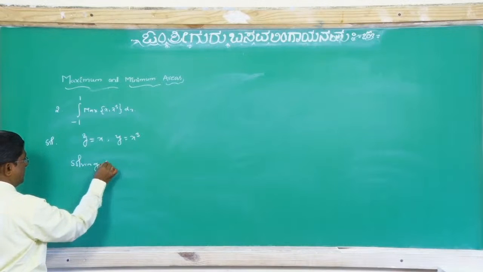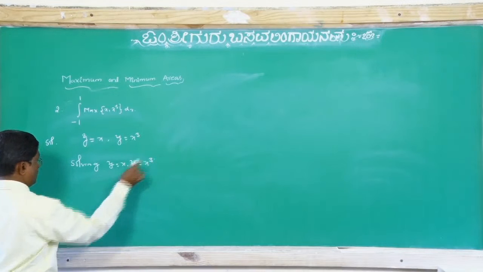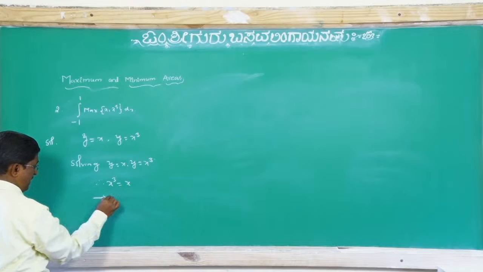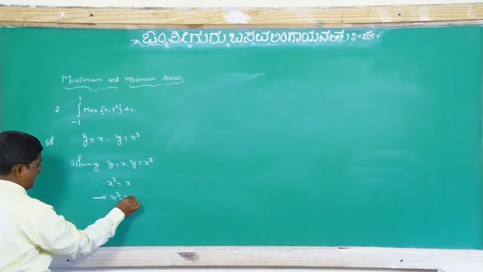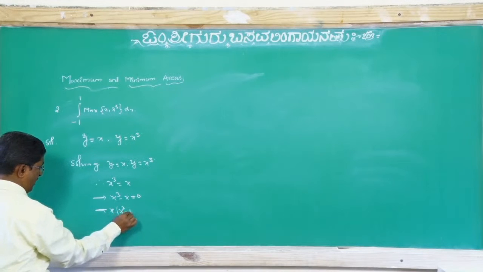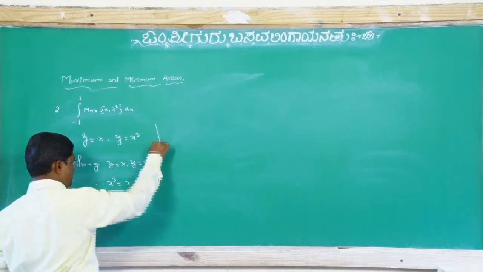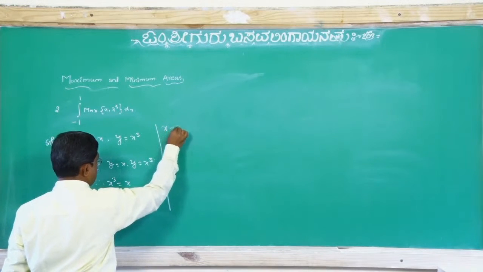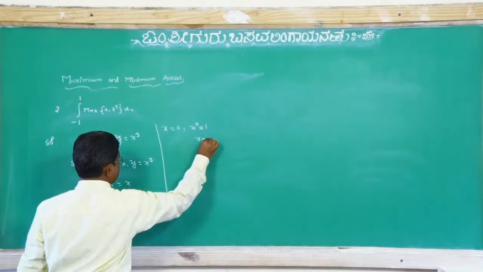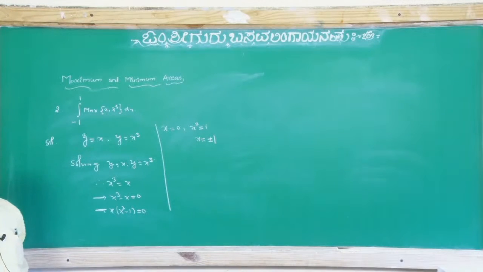Solving y is equal to x and y is equal to x cube, therefore x cube is equal to x, which implies x cube minus x is equal to 0, so x into x square minus 1 equal to 0. AB is equal to 0, so A is 0 or B is 0: x is equal to 0, or x square equal to 1, x is equal to plus or minus 1. We got all the coordinates.